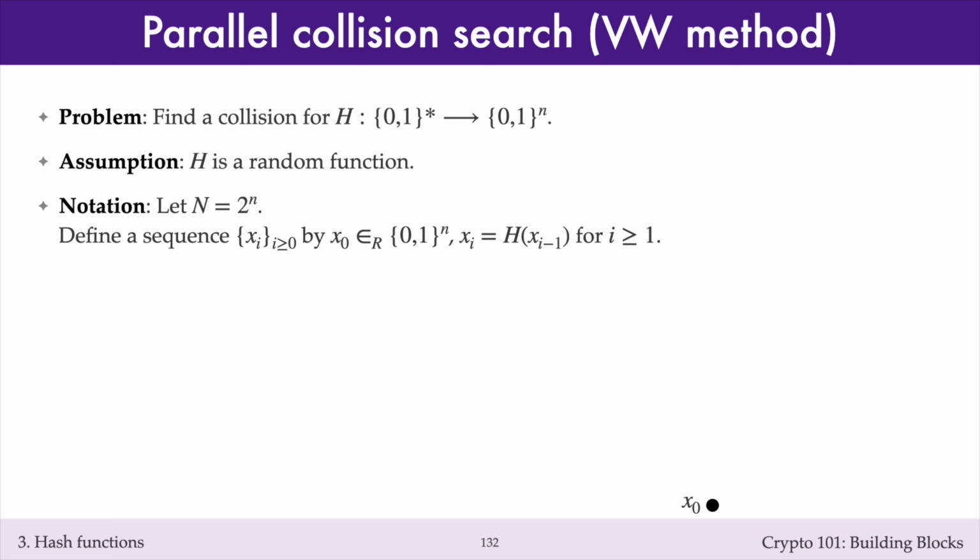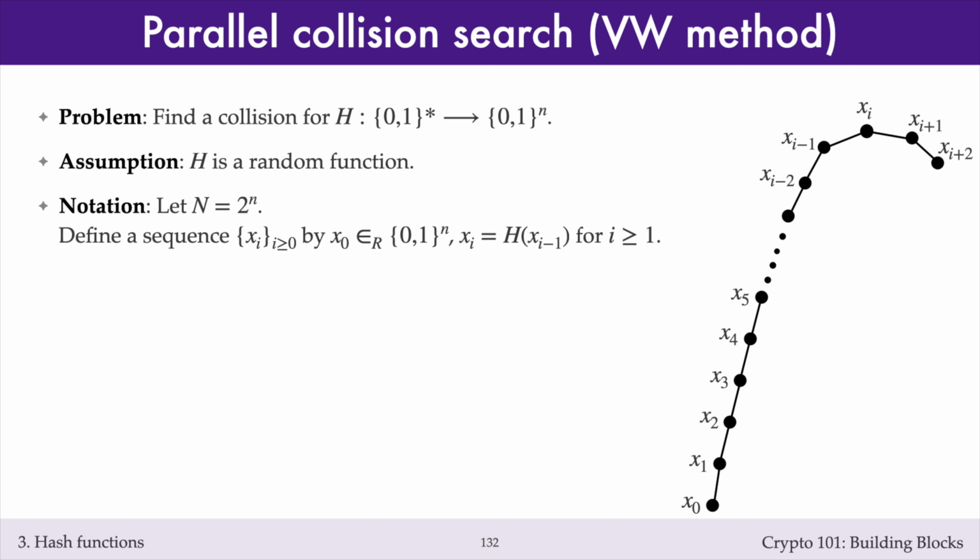The diagram on the right shows the sequence. x0 is the first term in the sequence, x1 is a hash of x0, x2 is a hash of x1, and so on. Now, the terms of the sequence cannot be distinct forever. This is because the terms are drawn from a finite set, and so the sequence must eventually collide with itself. This happens when some term x_j equals a previous term x_i.